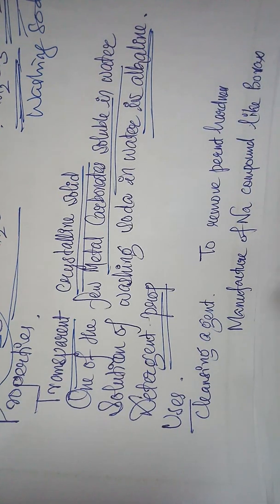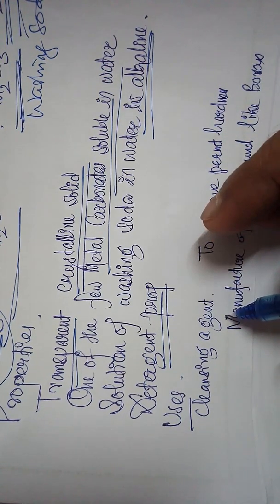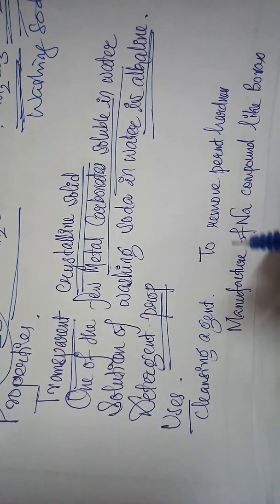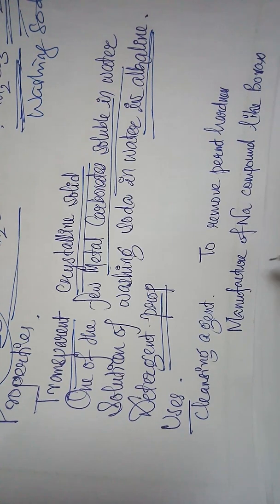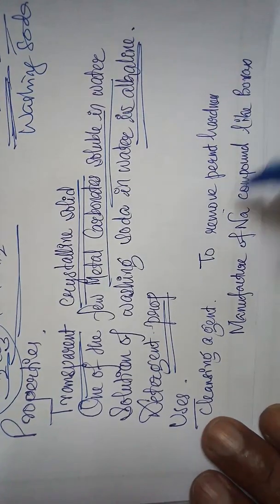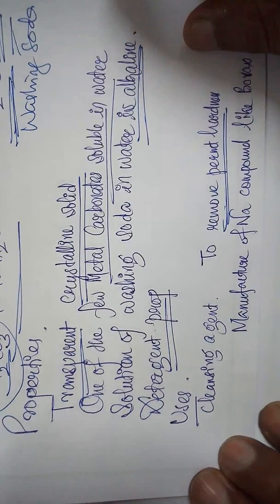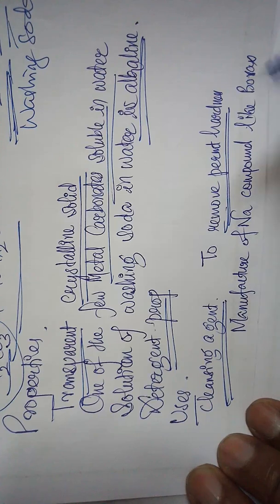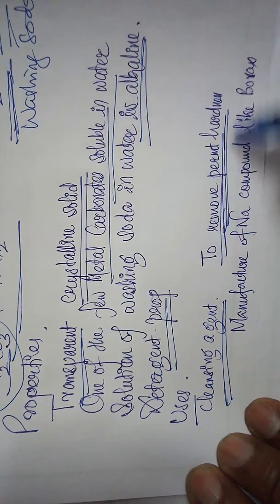Sodium carbonate or washing soda is a cleansing agent for domestic purposes like washing clothes. Next, sodium carbonate is used for removing permanent hardness of water.